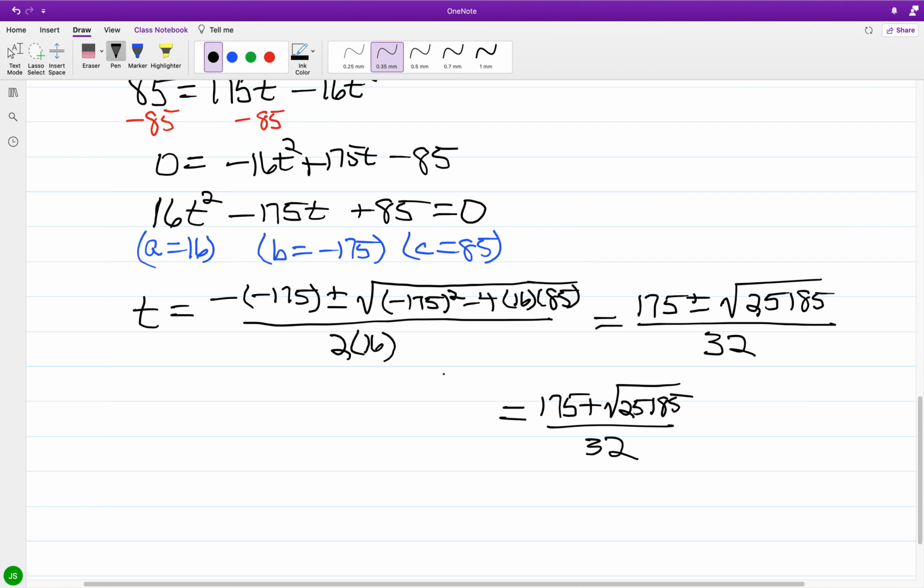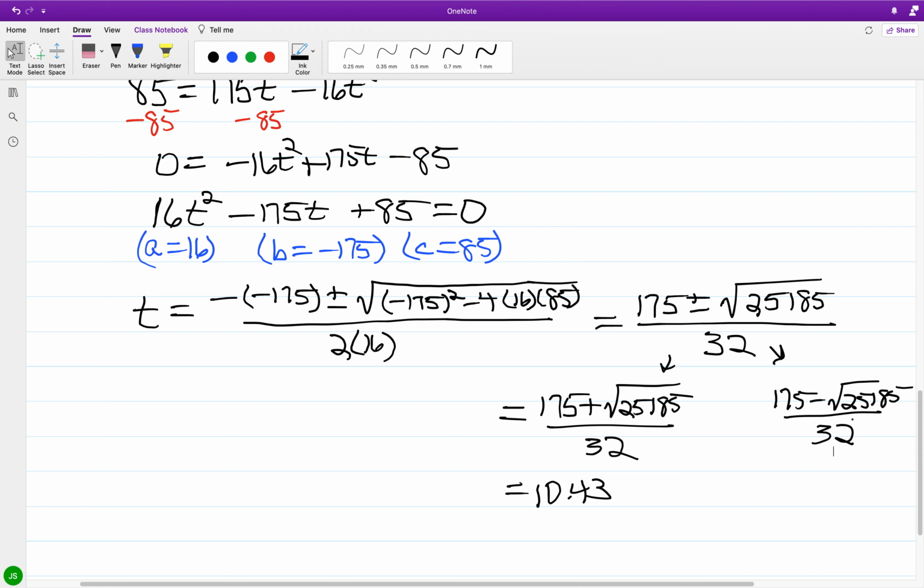And so we have about 10.43 seconds. That will be the higher value. In the case of the other extreme, we have 175 minus the square root of 25,185, all over 32.